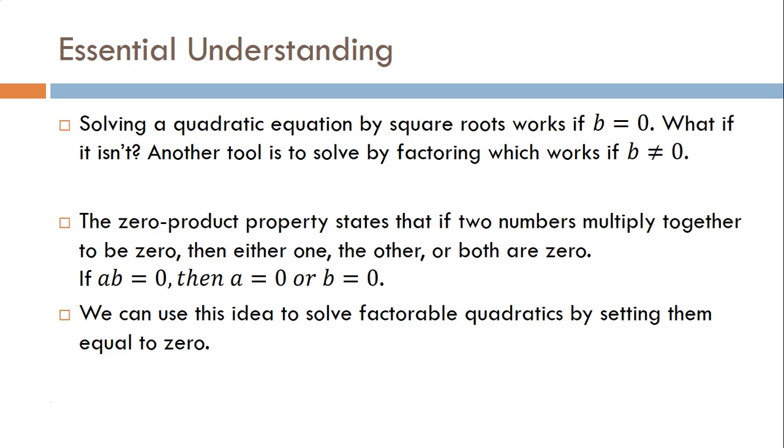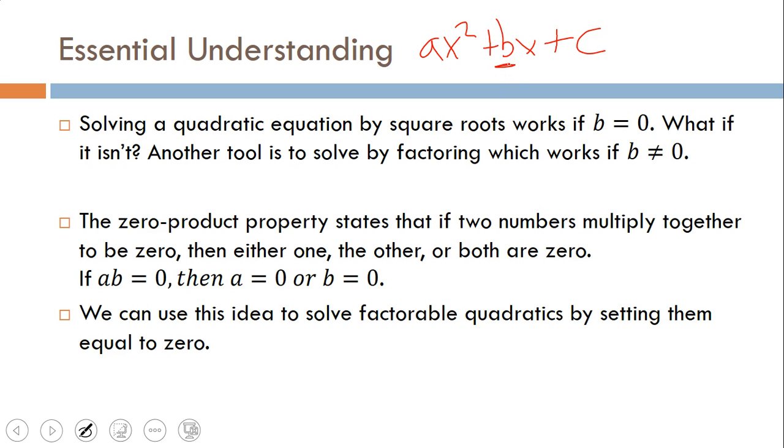It says solving a quadratic equation by square roots works if b equals 0. Remember we did that with graphing and square roots. What do I mean by the b? I mean the b part of ax squared plus bx plus c. So that part worked if it was 0.